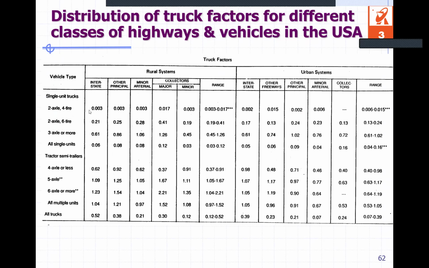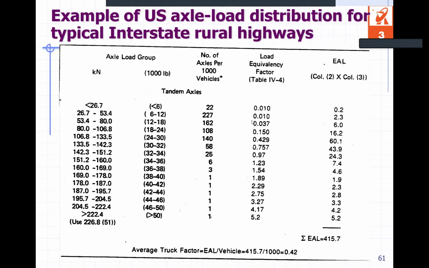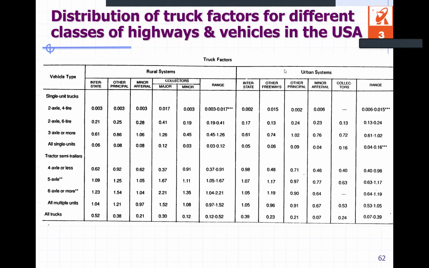In the States, there will be calculations for these values in different types of facilities. If you have highways, collectors, arterials, interstate highways, local roads, you will have the truck factors or the load equivalency factors.